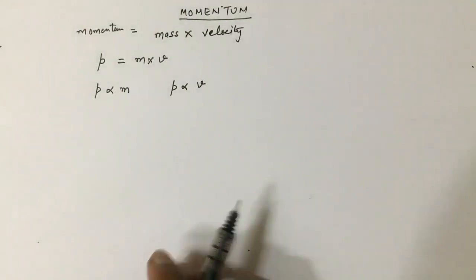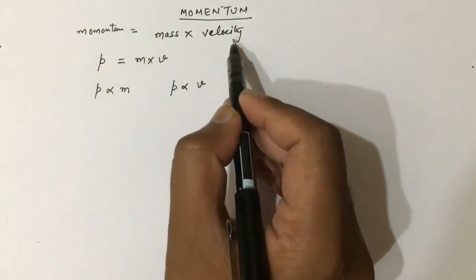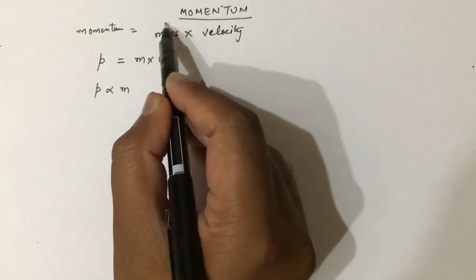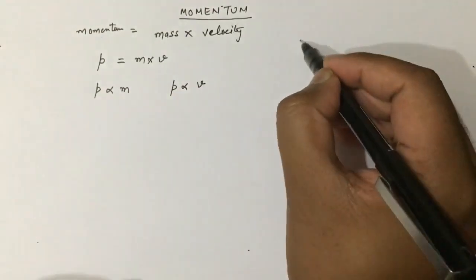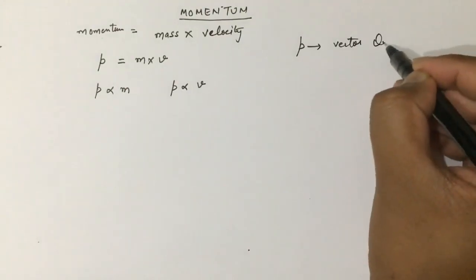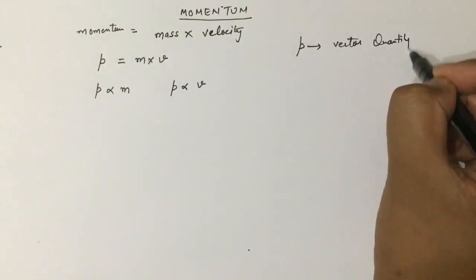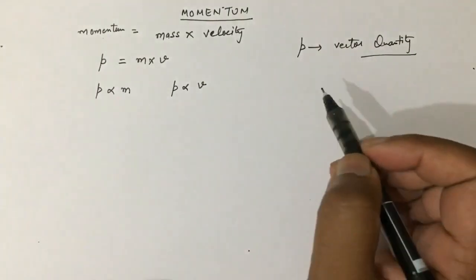Clear? Mass is a scalar quantity and velocity is a vector quantity, which makes momentum a vector quantity. Clear? So momentum is a vector quantity.